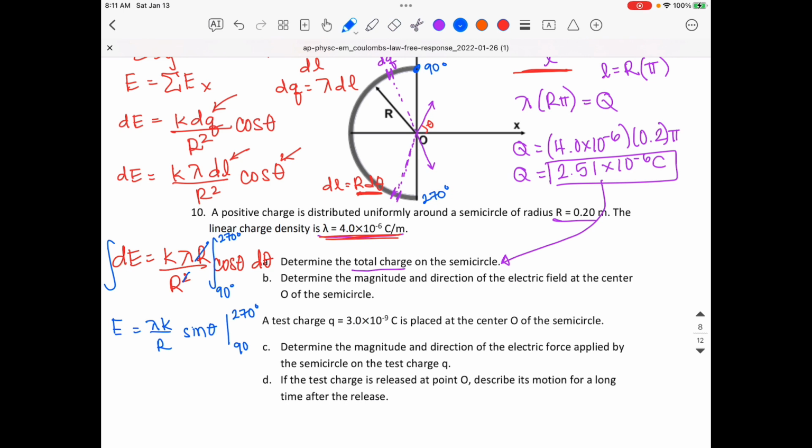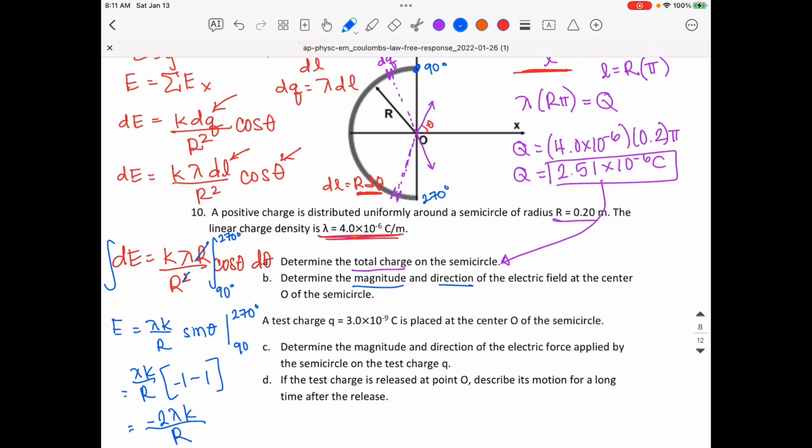Sine of 270 is -1. And sine of 90 is +1, so -1 minus 1 is equal to -2, and I get an electric field of -2 lambda k over r. That's not my final answer. I still need to plug in my values to solve for the magnitude and direction.